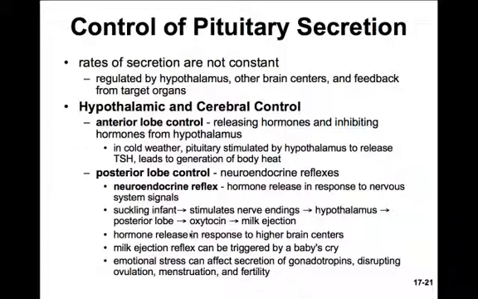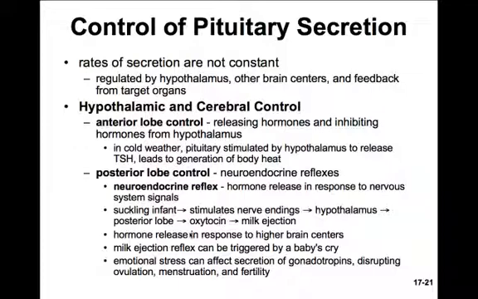For example, in cold weather, the pituitary is stimulated by the hypothalamus to release thyroid stimulating hormone. This acts on the thyroid along with some other tissues and leads to generation of body heat. When the body becomes warm, this inhibits the stimulation of the pituitary by the hypothalamus and thus decreases TSH.